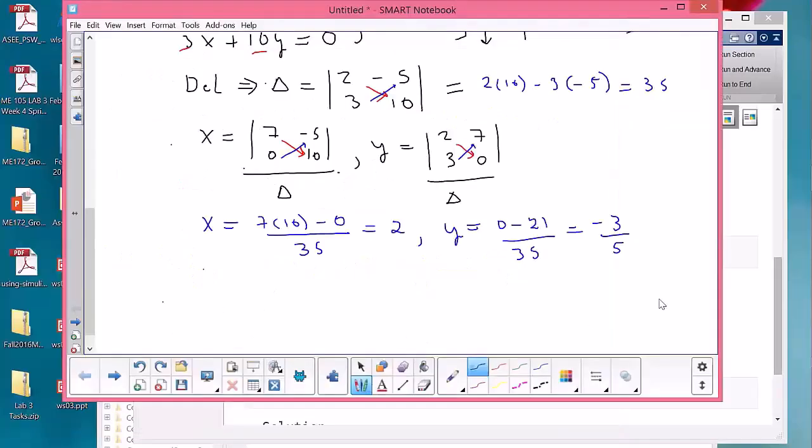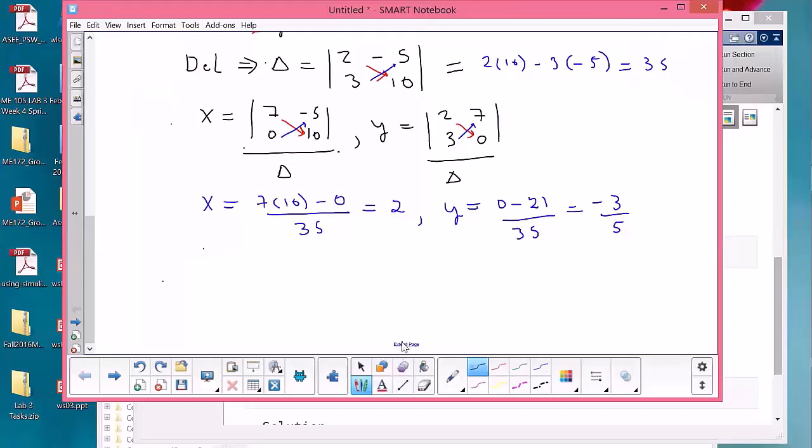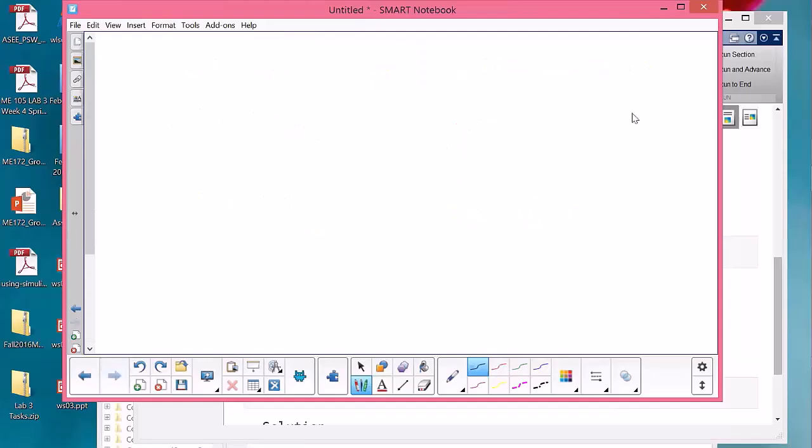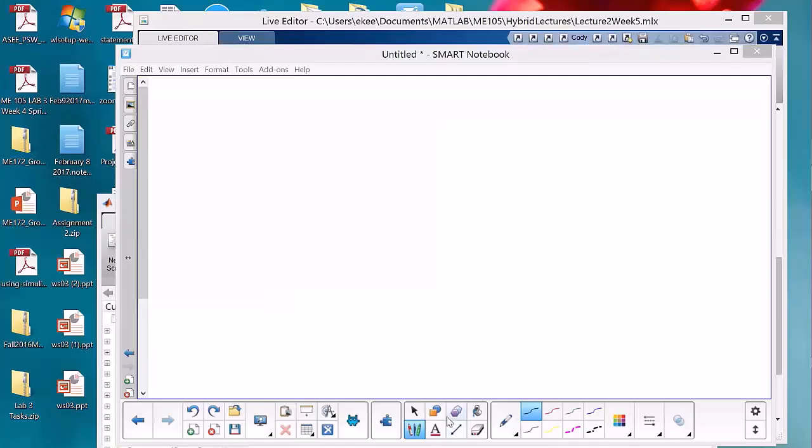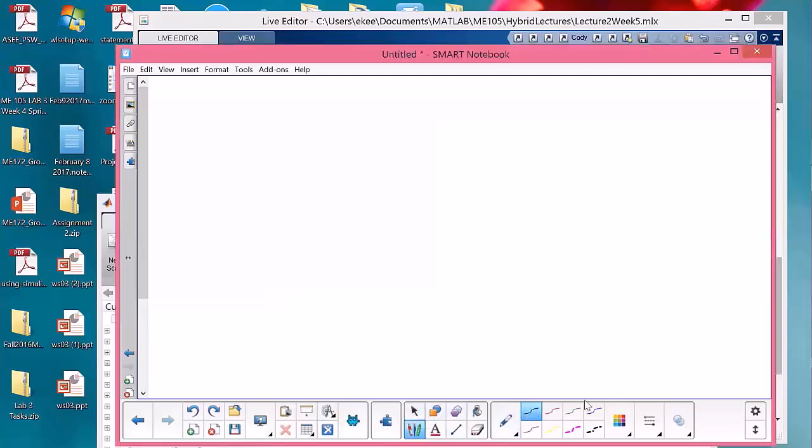Let's go to a new page. Suppose now we had this example. I just took another one. I'm going to take a 3 by 3. Suppose I said we have this matrix, and I'm just going to write it in this form: 2, 0, 6, minus 5, 1, say 10, 3, 9, 12.